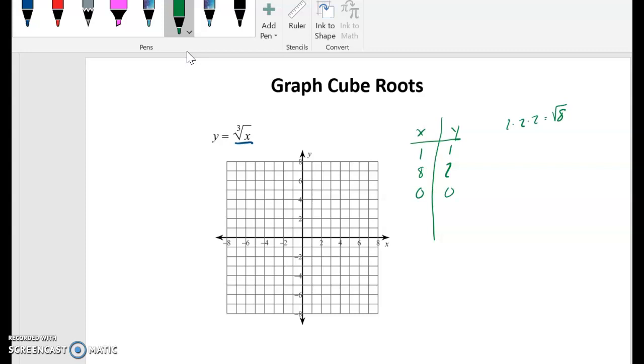The cube root of 0 is 0. And then the cube root of negative 1 is negative 1, and the cube root of negative 8 is negative 2.